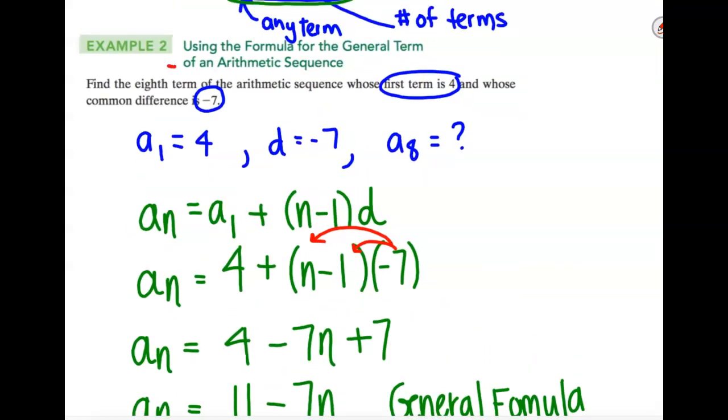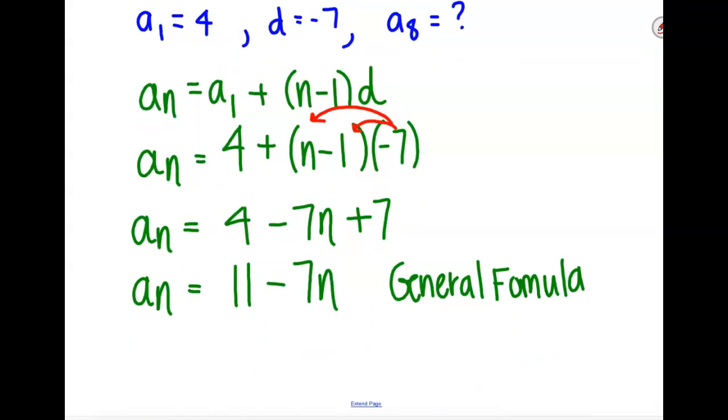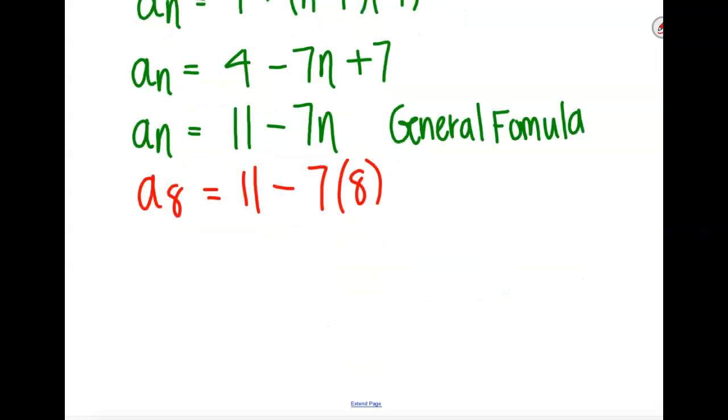In this case, they're asking you to find the 8th term. So how do you find the 8th term? You would substitute 8 into the formula for n. So a sub 8 equals 11 minus 7, and we're going to replace that n with 8. Now we're just going to go ahead and simplify it.